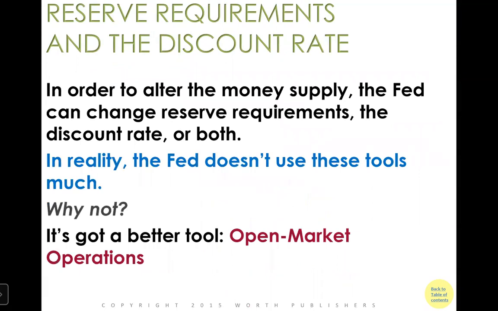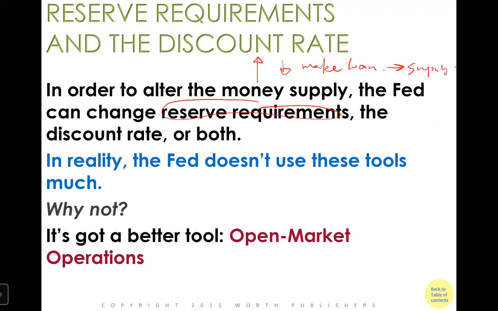Now we are ready to see how the Fed can change the money supply. The Fed can change the money supply by changing the reserve requirement. Why? Because as we studied earlier, a higher reserve requirement reduces the bank's ability to make loans, so that reduces the money supply.